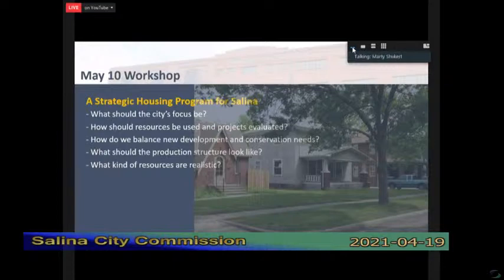Is housing a desirable use for some of these funds? If so, how much? Some cities actually allocate funding on a regular basis to infrastructure and housing development. What can we afford to do, if anything? So these are really questions to think about. We'll certainly be thinking about them, but to think about for our kind of critical discussion next time on May 10th, when we try to put all this together.